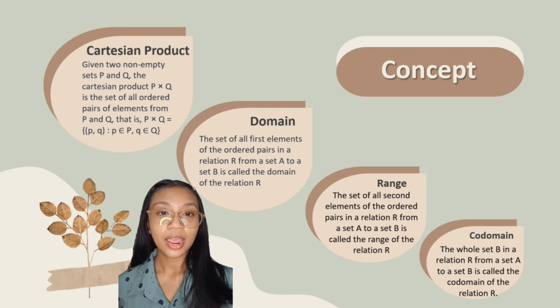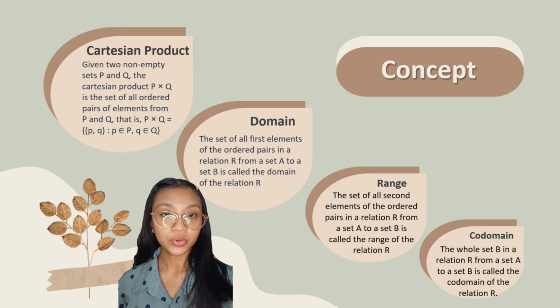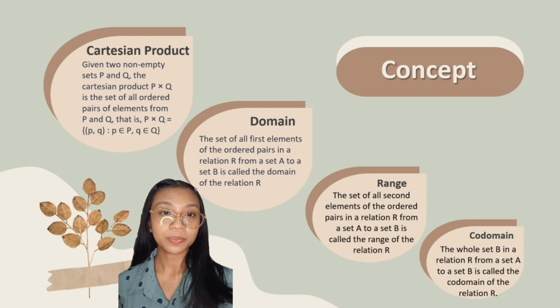Given two non-empty sets P and Q, the Cartesian product P × Q is the set of all ordered pairs of elements from P and Q. That is, P × Q = {(p, q)}, where p ∈ P, q ∈ Q.